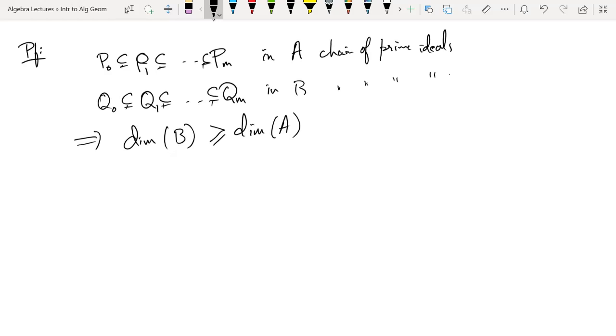So we can just intersect all the Q_i with A. And so, is that distinct?